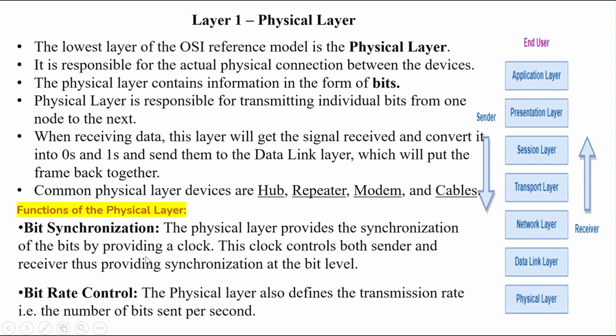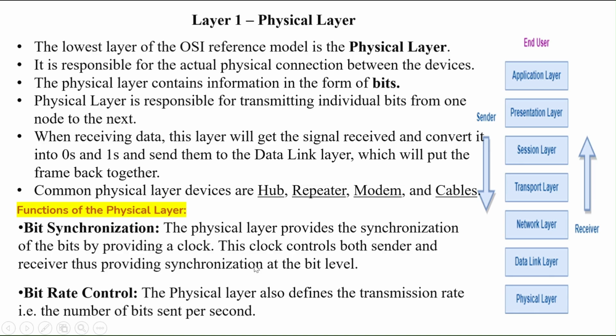Coming to the functions of the physical layer, it has bit synchronization and bit rate control. You can learn more functions also, but I have given two points here. Bit synchronization means the physical layer provides synchronization of the bits by providing a clock.